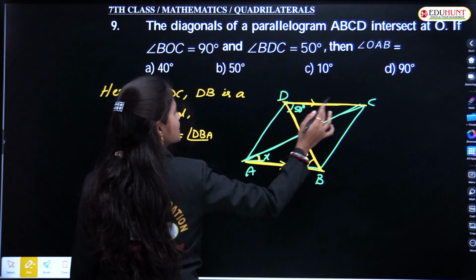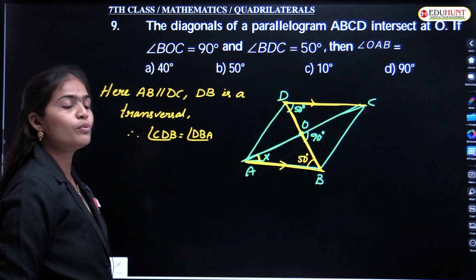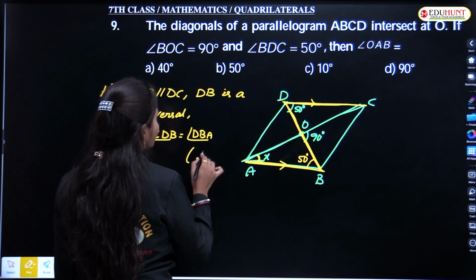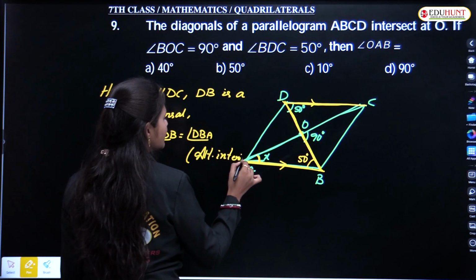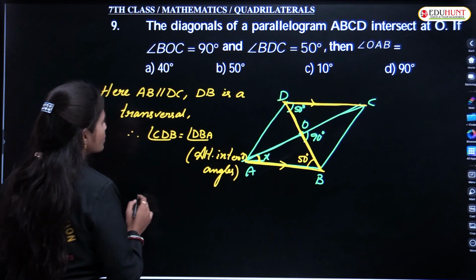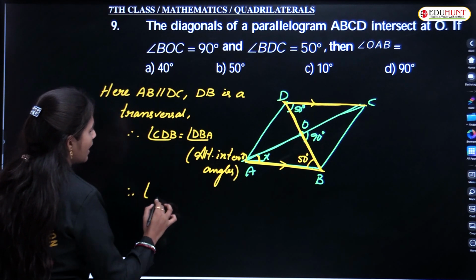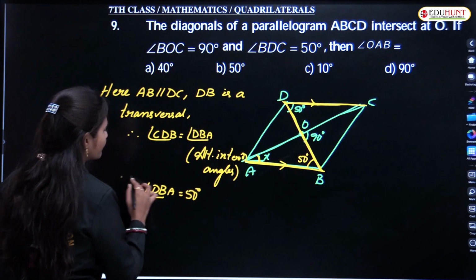Okay, angle CDB is equal to angle DBA. These two angles are equal. What is that condition? It means alternate interior angles. Alternate interior angles are equal. Okay, so that's why, therefore angle DBA is equal to 50 degrees.